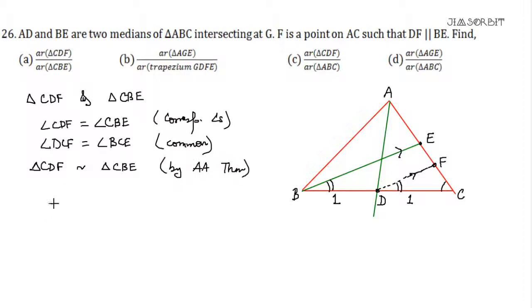Okay, now we can say that if the triangles are similar, the triangles' areas are in the ratios of the squares of their sides. So area of triangle CDF upon area of triangle CBE will be equal to what? CD upon CB. Now you can say the ratio is 1:1. We can say that CD upon CB whole square. So CD is what? 1. And CB is what? 1 plus 1, 2.